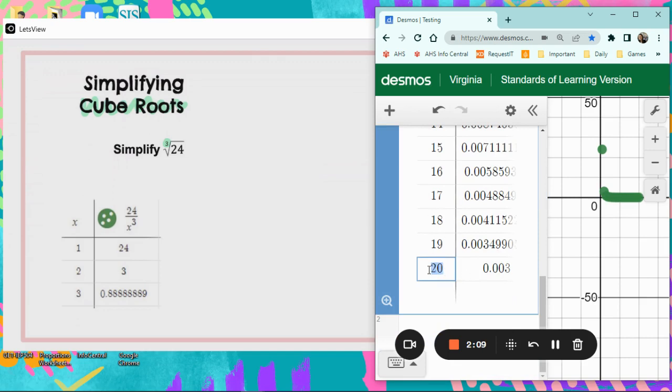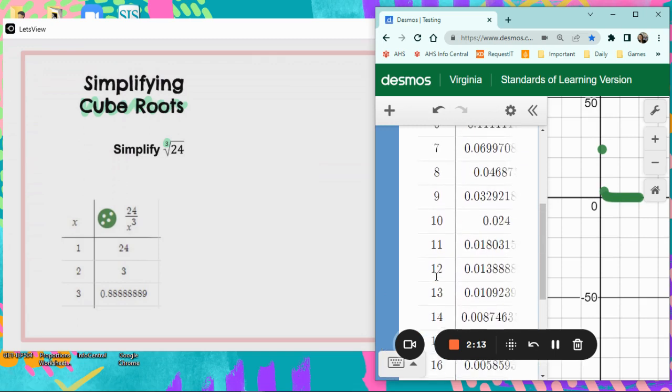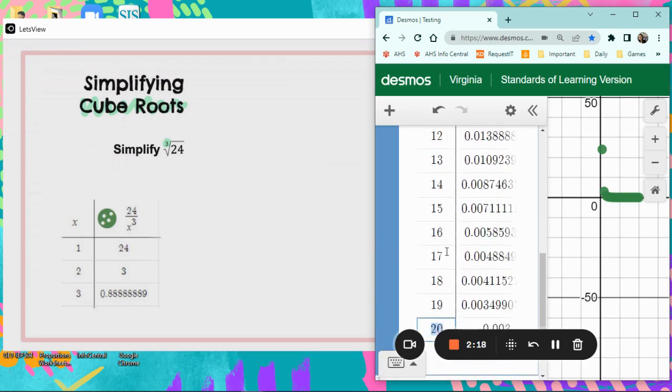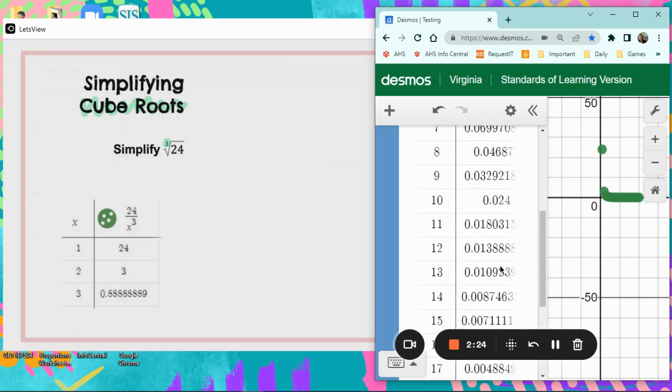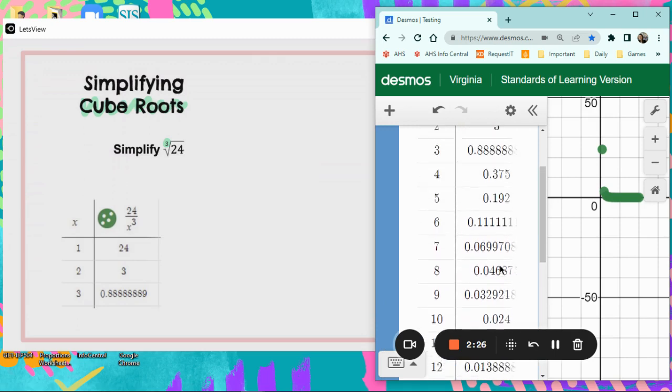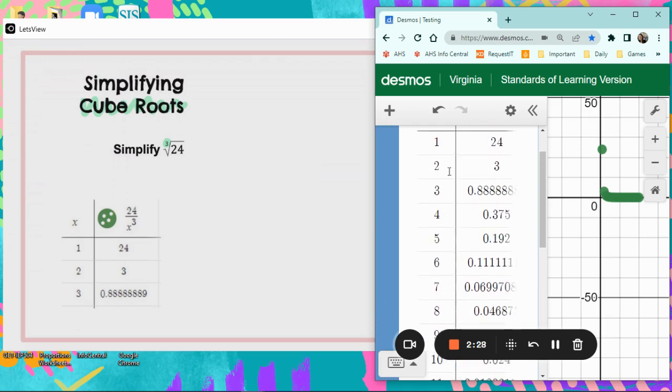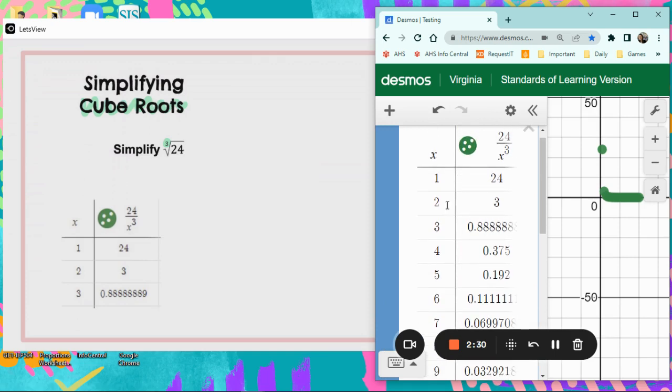Okay, so hit enter a bunch of times until you get down to 20. And once we're looking at this, we don't want decimals. You know, I think decimals are disgusting and the worst. So I want you to find the last row with no decimal. So in this case, it is this 2 and 3 right here.